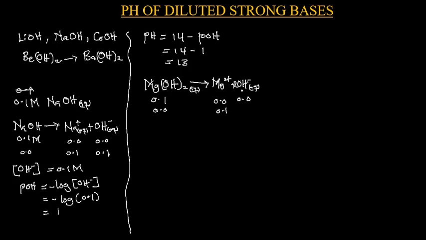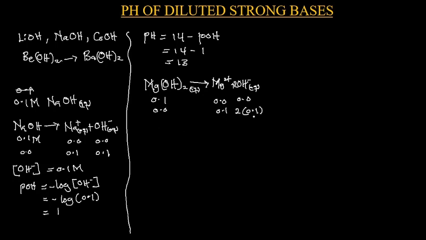But OH minus, the mole ratio is 2 is to 1. So the amount of OH minus we're going to be having in the solution is going to be twice the concentration of magnesium hydroxide because the mole ratio is 2 is to 1. So we'll have twice 0.1. Okay.